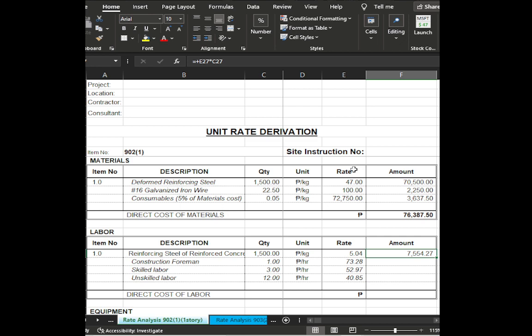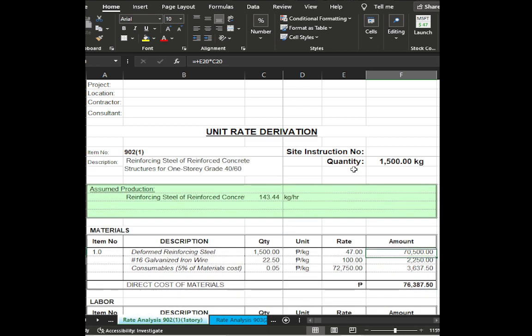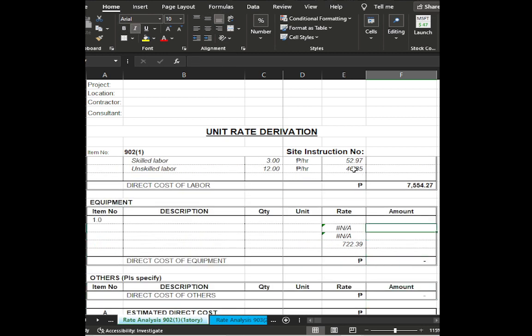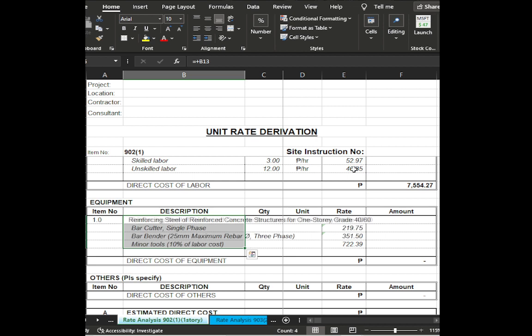So the total amount for 1,500 kilogram, the labor is only 7,554. So sum this one, and our equipment is the same, guys. We will use the same equipment that we were using from 2 to 5 story.